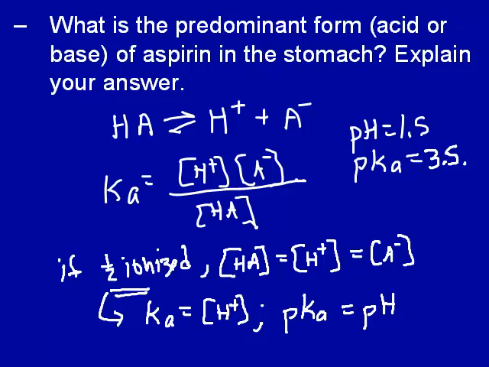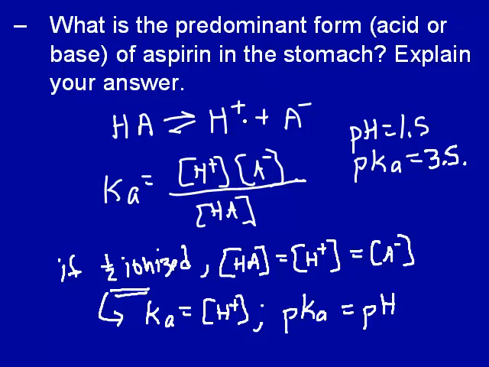Okay, so right when the pH is equal to pK, you're on the balance. If you can go one way or another. When the pH is equal to pK, when the hydrogen ion concentration is equal to the HA concentration in equilibrium, you're half ionized. Now the question asks, what's the predominant form, acid or base?